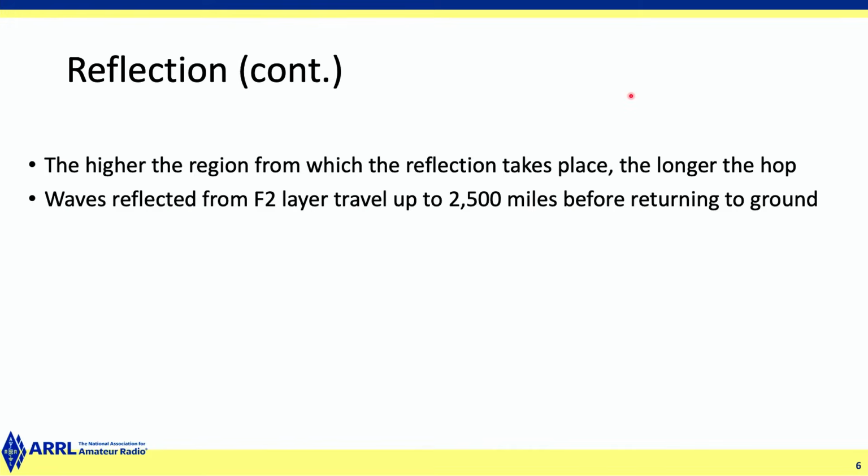Waves that are reflected from the F2 layer can travel up to 2,500 miles before they return to ground. Well, now there's much more than 2,500 miles. So for instance, if I talk from here to the Antarctic Scientific Station, that's about 7,000 miles. How the heck did I get there if each hop is only 2,500 miles?